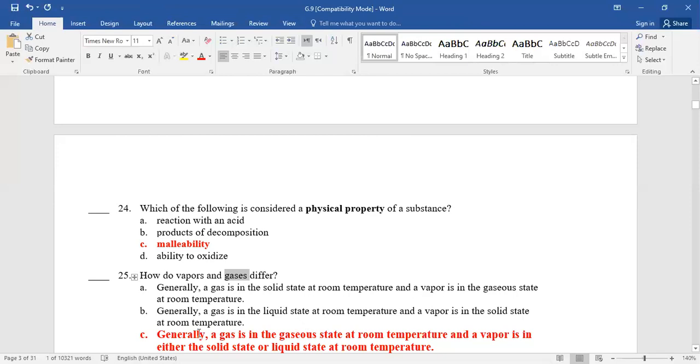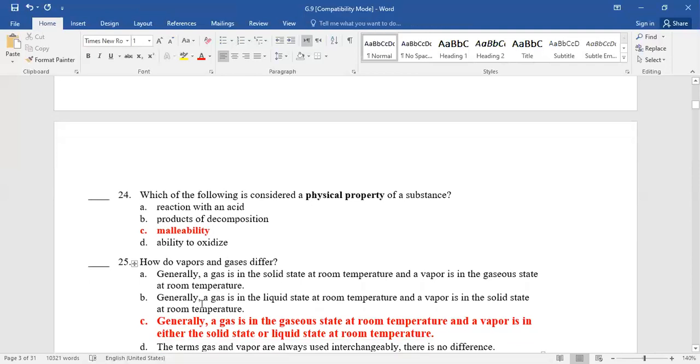That's not acceptable either. Option C: generally a gas is in gaseous state at room temperature, and that's acceptable. Option D: the vapor is either in solid or liquid state at room temperature. Option E: the terms gas and vapor are always used interchangeably, there is no difference. That's not acceptable. So the perfect answer for that will be C.